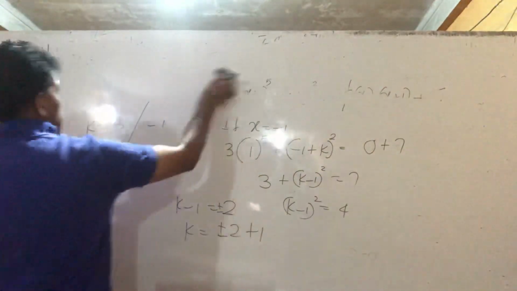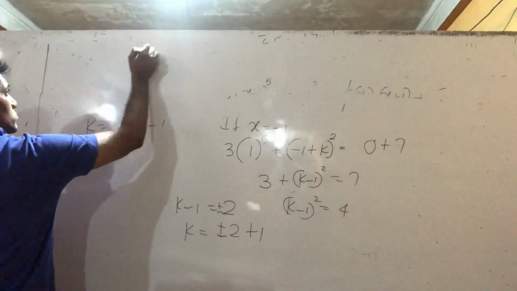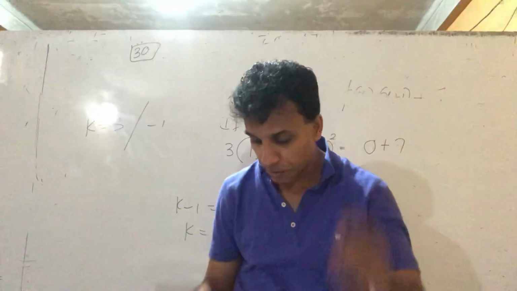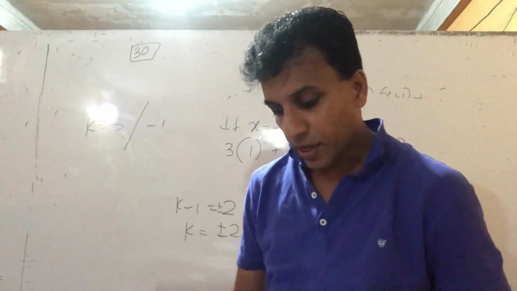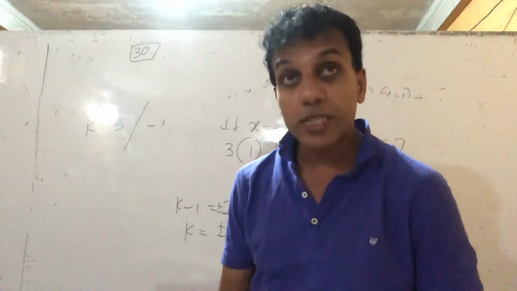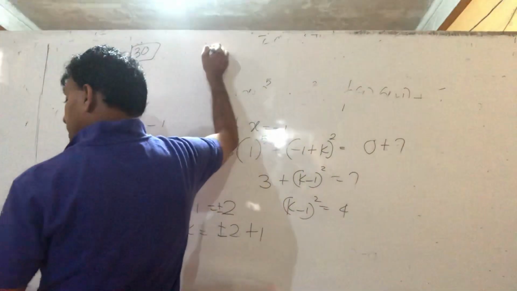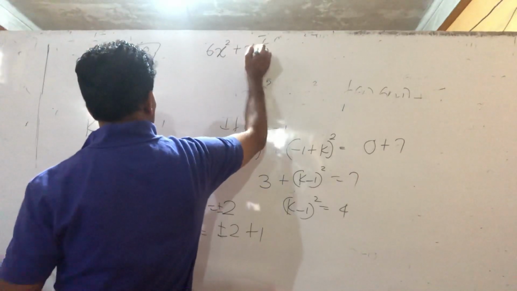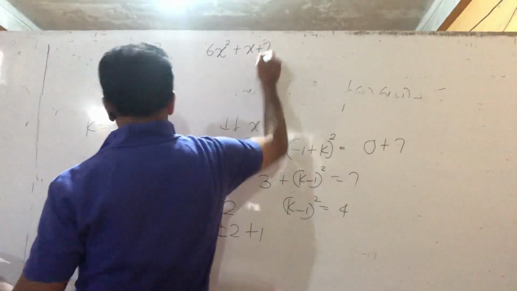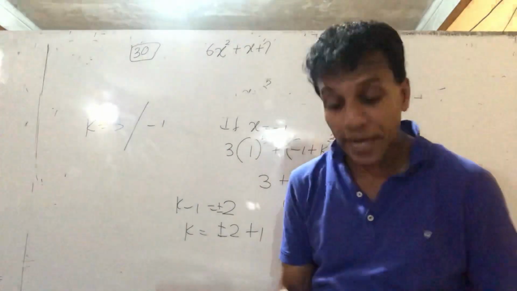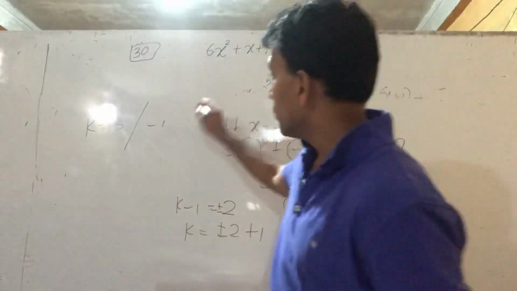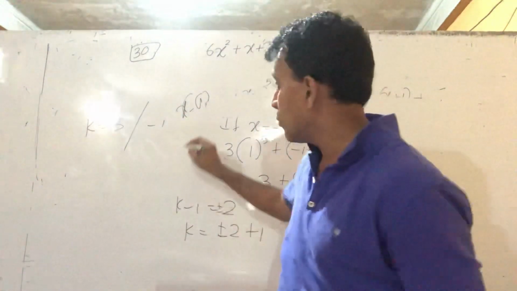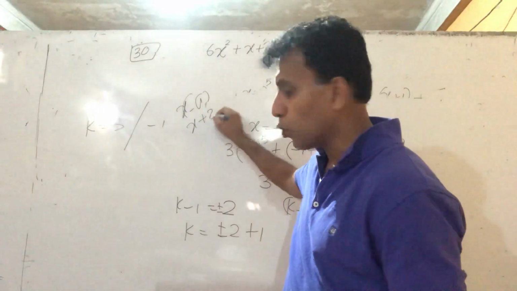Next, question 30. You can refer to the tutorial I already published on my Facebook page. The expression 6x squared plus x plus 7 leaves the same remainder when divided by x minus a and when divided by x plus 2a.